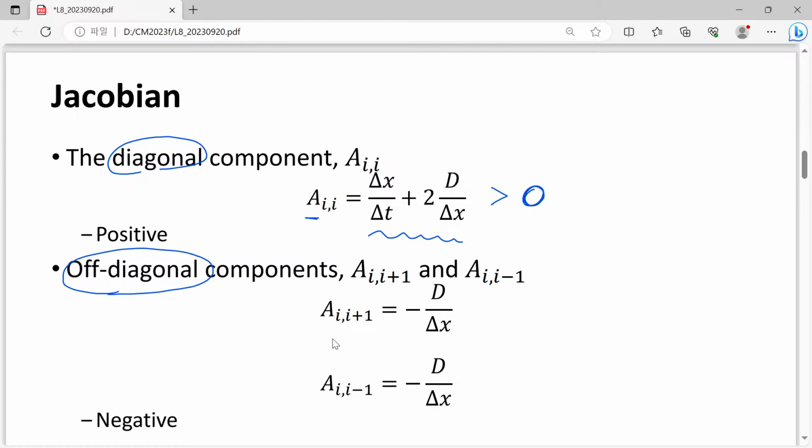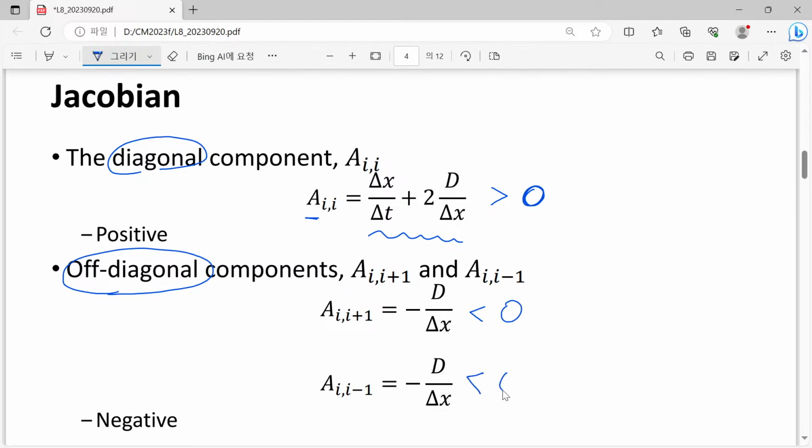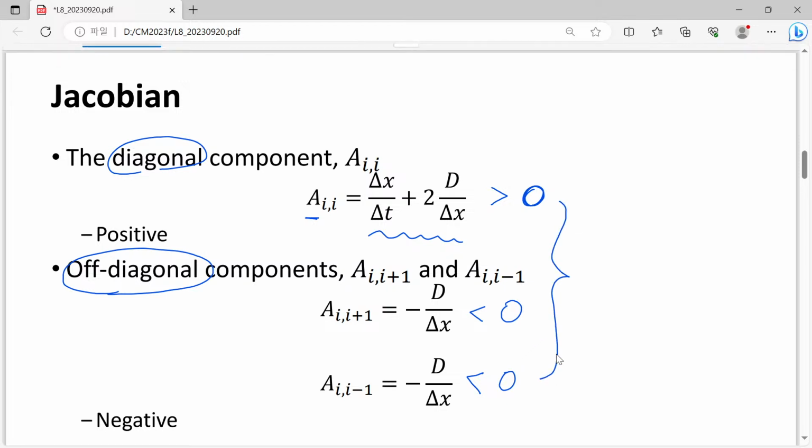And please have a look at this part. Here we have minus d divided by delta x. Both of them are positive numbers, so it is certain that they are negative numbers.